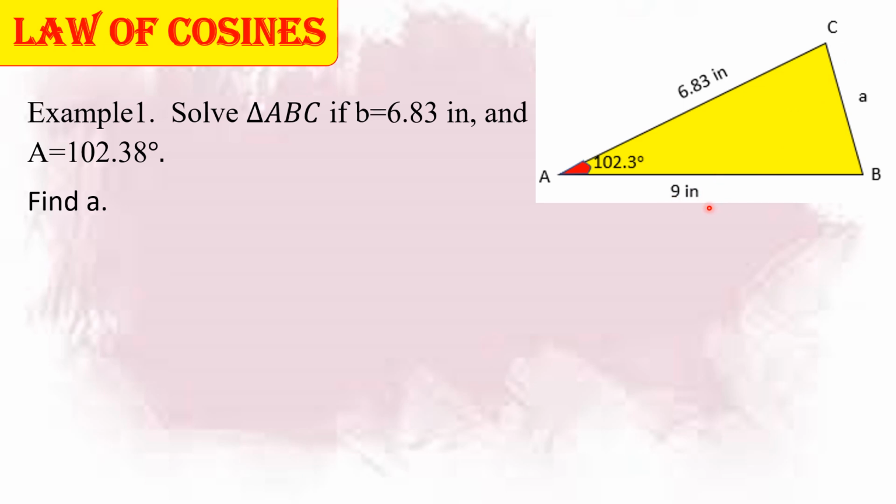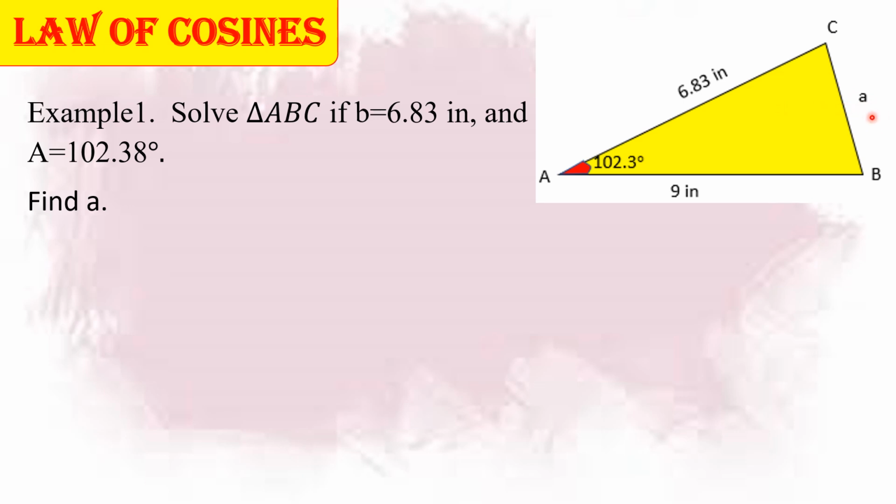So, as you can see, what case is this? Very good. The S side, angle side. So, we have the side-angle-side or the SAS case. So, we will be using the law of cosines. What is the formula when we are looking for the side?